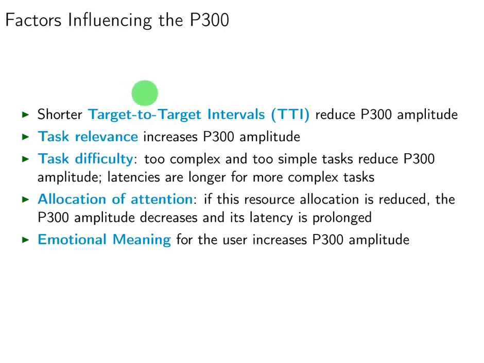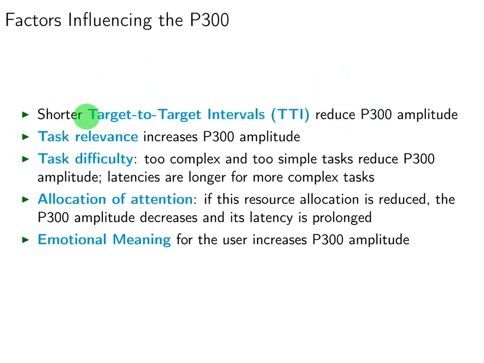Okay, so target to target intervals means when we present stimuli to the user, we will have a randomized sequence of target, non-target, target, non-target events. So deviant will be the target. Deviant to deviant intervals. In between deviant to deviant intervals, we will have a standard stimulus as well. But let's talk about this as target to target interval.